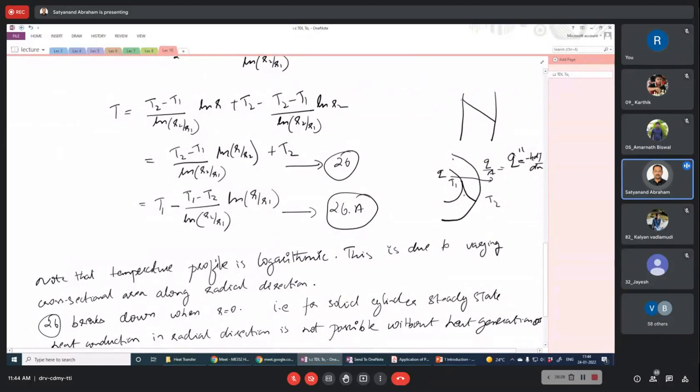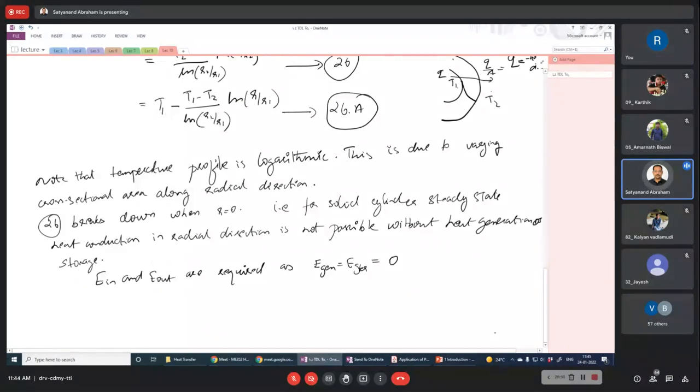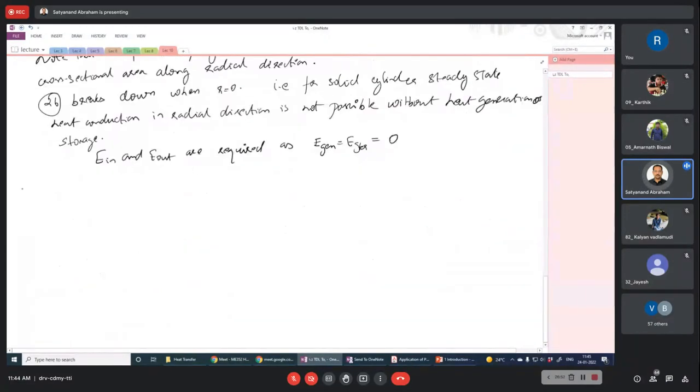So heat flux is a function, but the total heat transfer Q, that is heat flux times area, should be the same throughout. It shouldn't vary because we are talking about a steady condition in which heat in is equal to heat out. Heat in at the inner radius should be equal to heat out. That's what we are going to find out now.